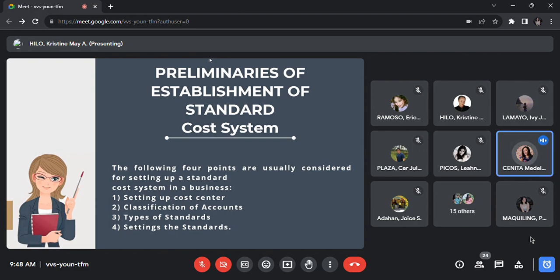Types of standard are basic standard, current standard, attainable standard, and normal standard.